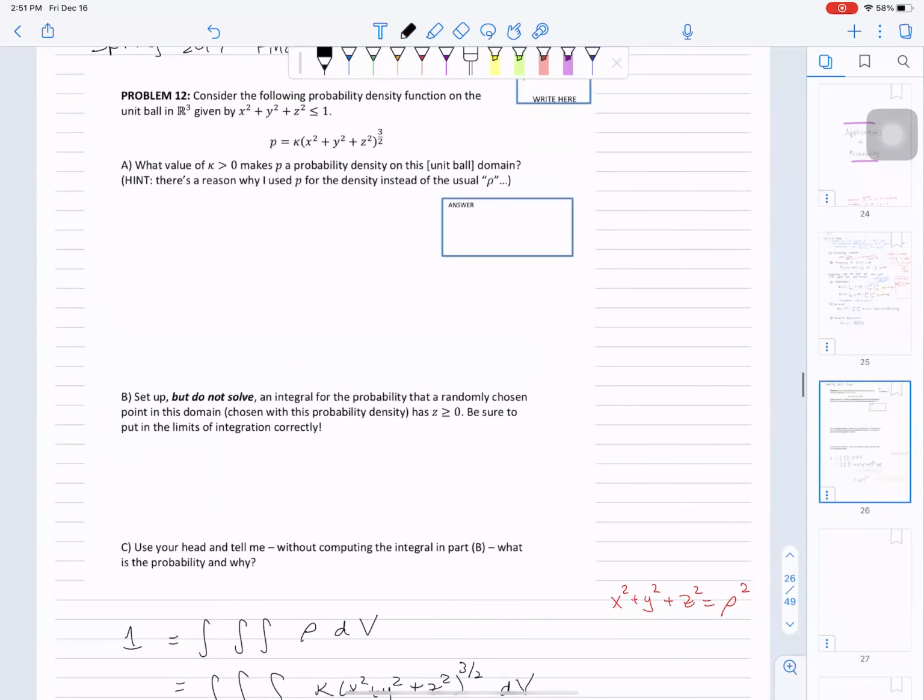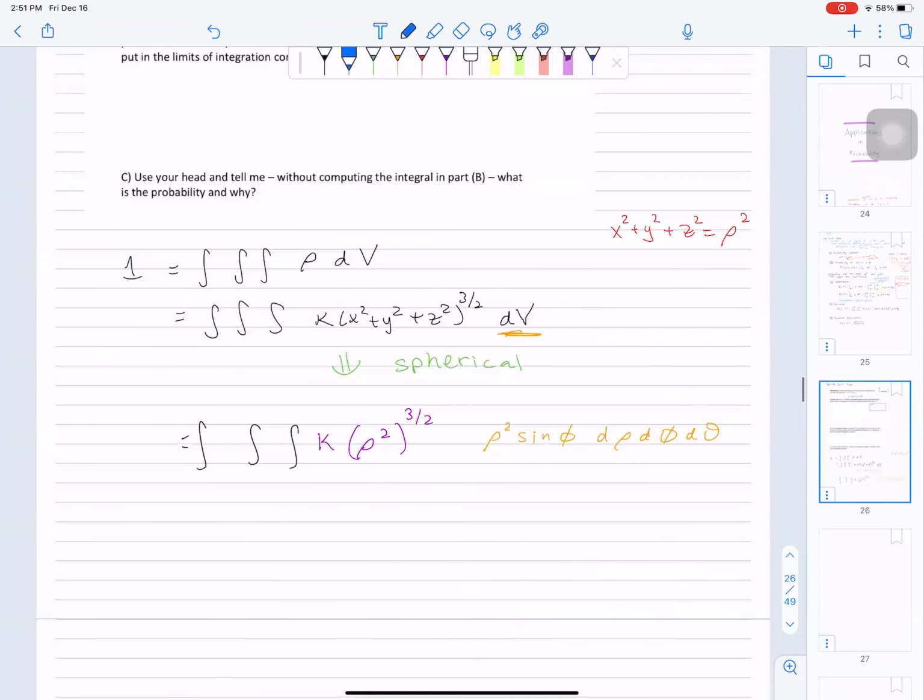Okay, and for my bounds, what do I have? I have my unit ball, less than or equal to 1, so it's my entire sphere. What should rho be? Rho is your starting radius and ending radius. Rho usually starts from 0. What's the radius of your sphere? It's 1. So I go to 1. Phi bounds, I have my entire sphere, no limitations, so the greatest phi bounds I can have are 0 to pi.